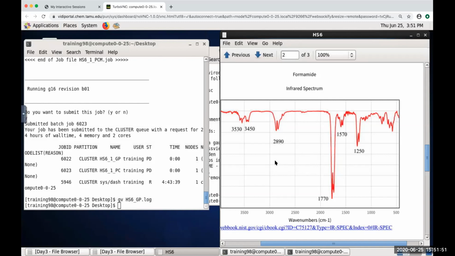Did anybody happen to notice that the results for the gas phase weren't lining up very well with the values that were listed in the PDF?